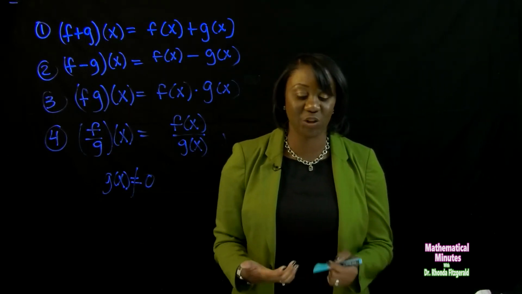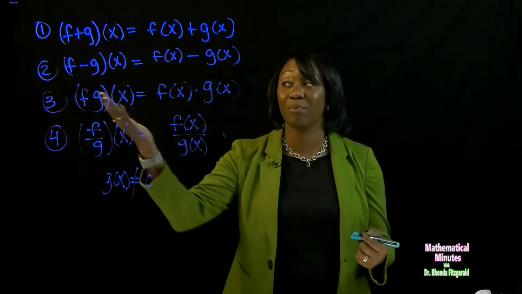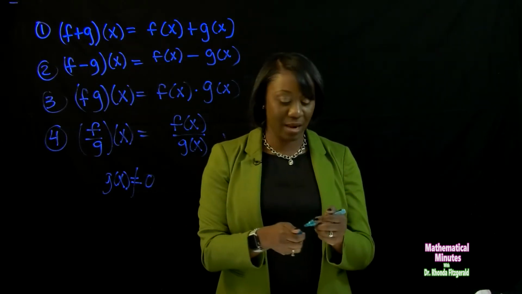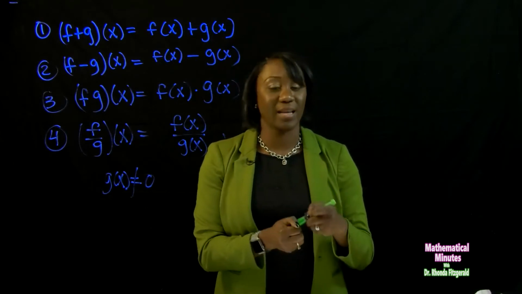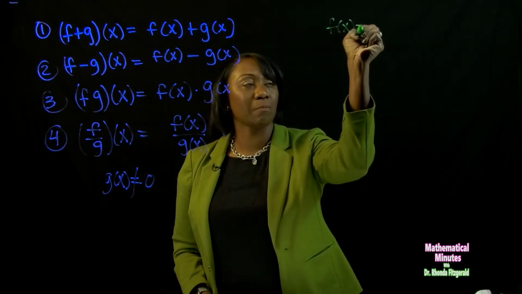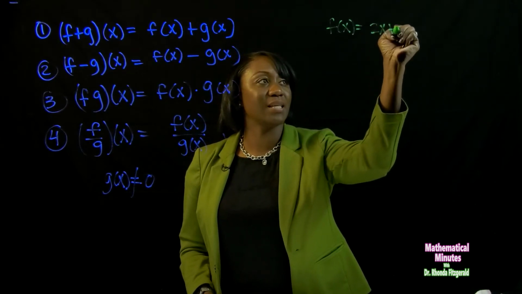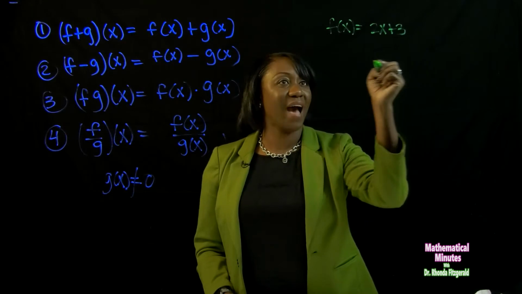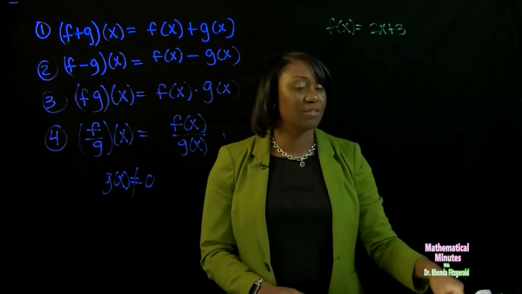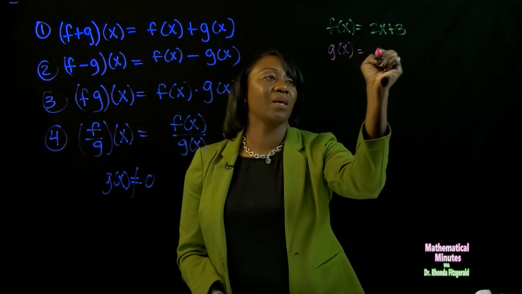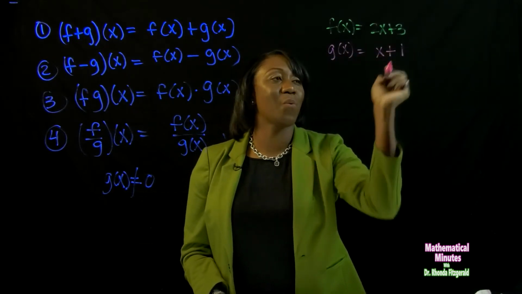So let's look at an example for a couple of these situations. The very first situation, I'm going to have f of x equal to 2x plus 3. And g of x, I'm going to have equal x plus 1.